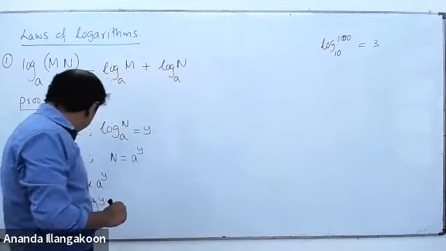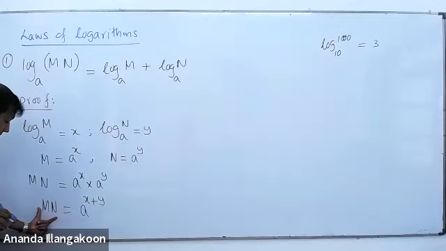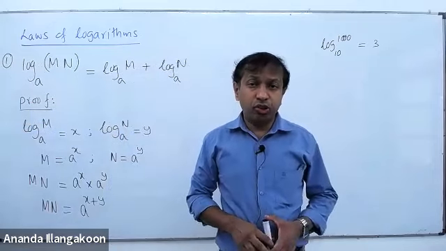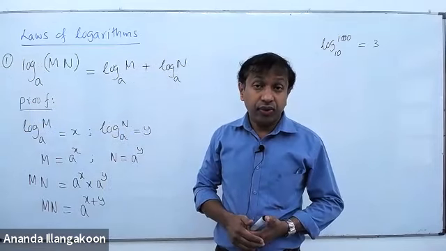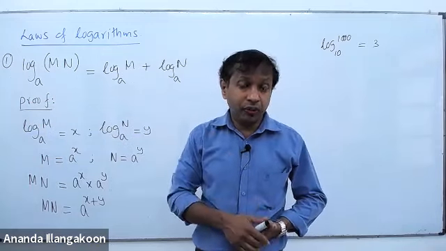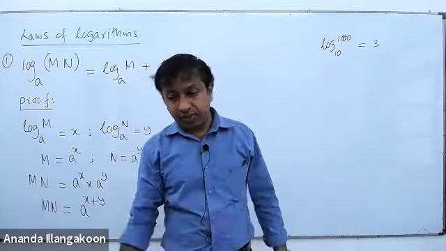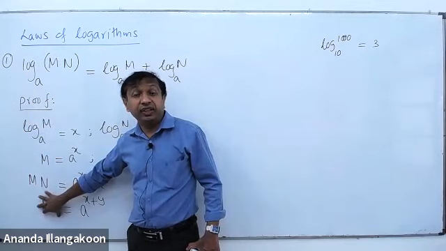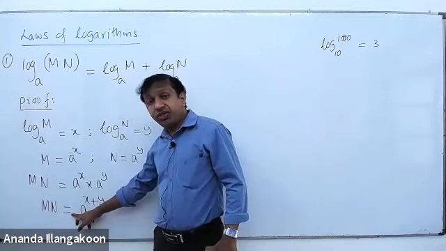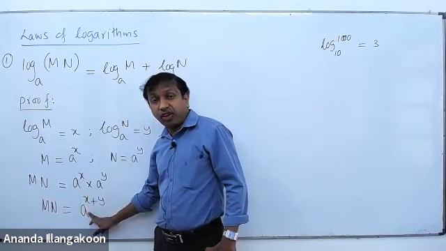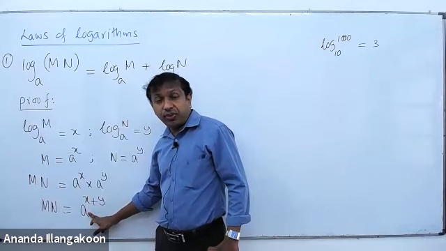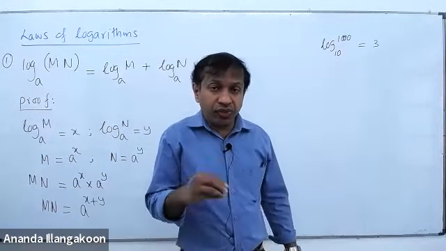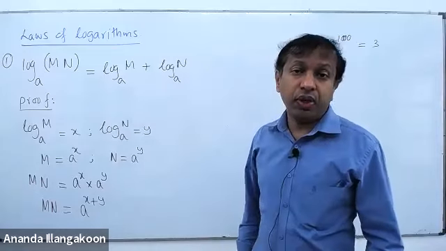Now think about this mn. m is a number, n is also a number. Suppose m is 2 and n is 5. Then this mn product means 2 multiplied by 5, no? What is that? It is 10. Then really, on the left hand side we have a certain single number, 10, and 10 has been expressed as a power of a. That means we have the index form of this left hand side number. And you know, when we have the index form of a number, how to convert that to logarithmic form.